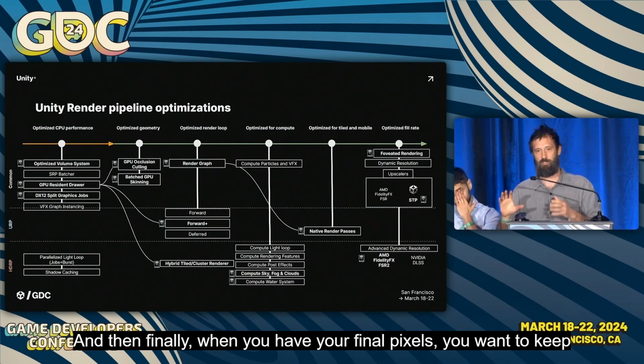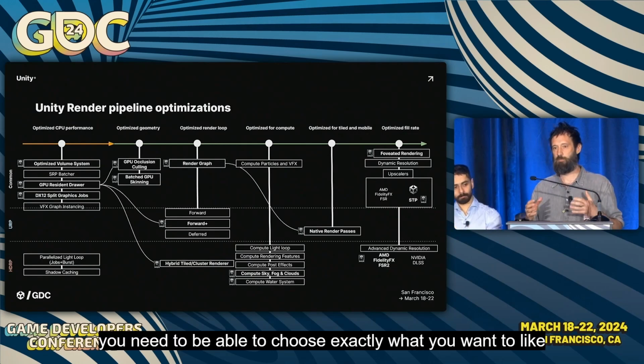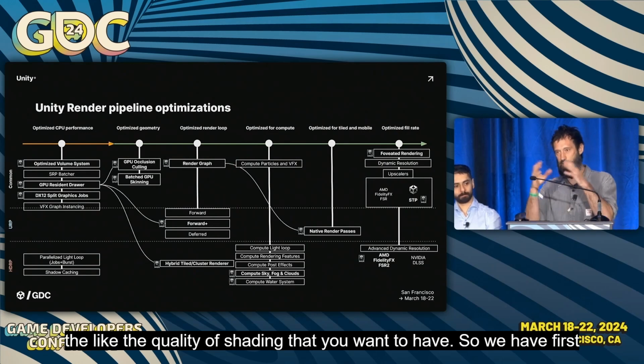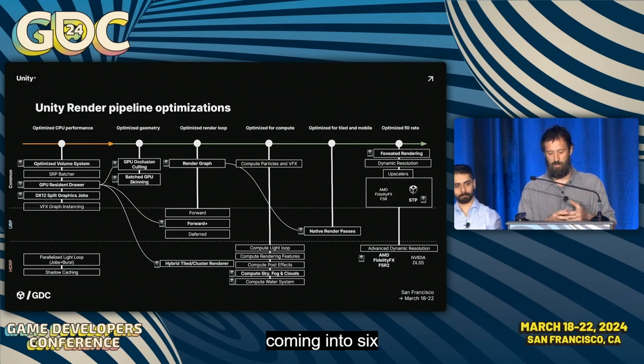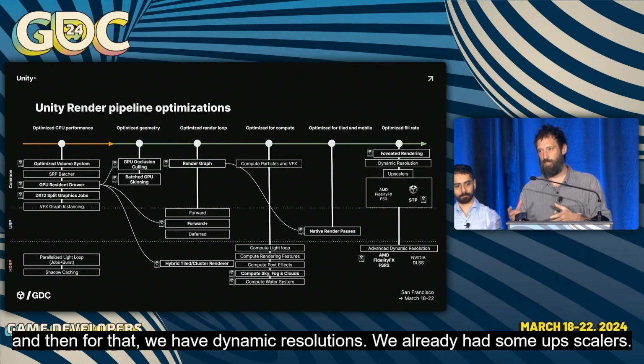And then finally, when you have your final pixels, you want to keep the shading quality, or you have 4K to render, so you need to be able to choose exactly the quality of shading that you want to have. So we have foveated rendering first, coming in Unity 6 for XR. And then we have dynamic resolution. We already had some upscalers.